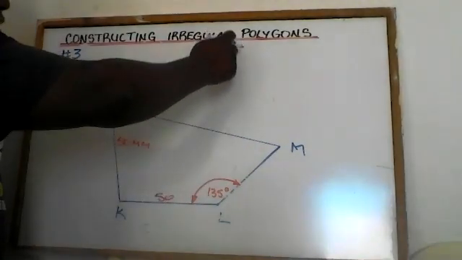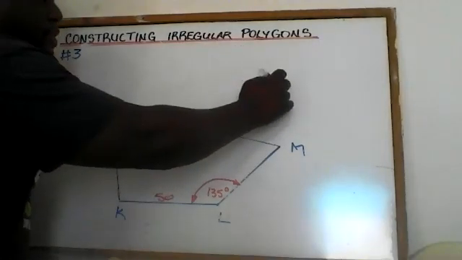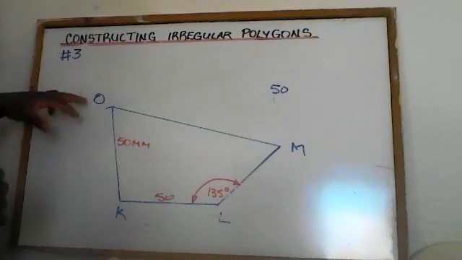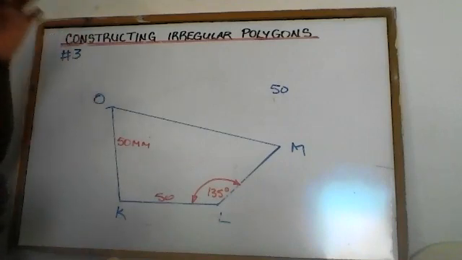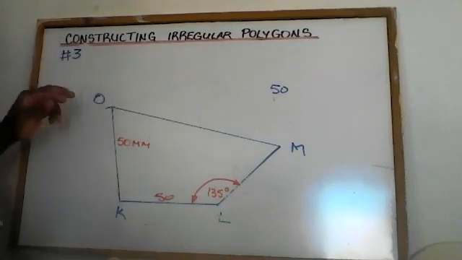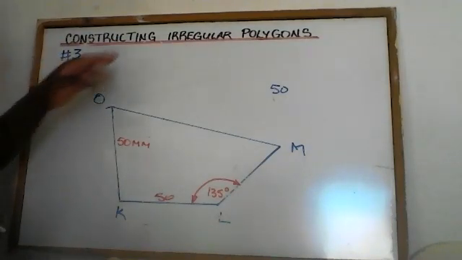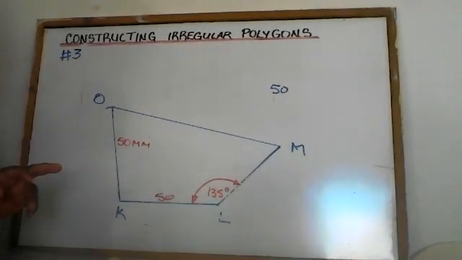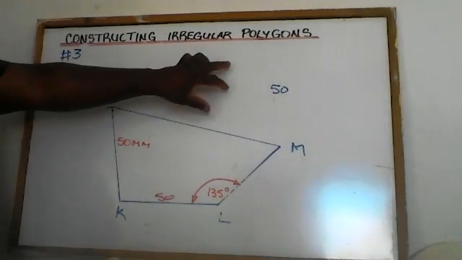Now point N, MN is going to be 50 millimeters, and there is no measurement given for NO, but we're told that the angle that is formed between ON and NM is 90 degrees. This is given on the example on the handout that is sent to you. So you're told that it is 90 degrees.